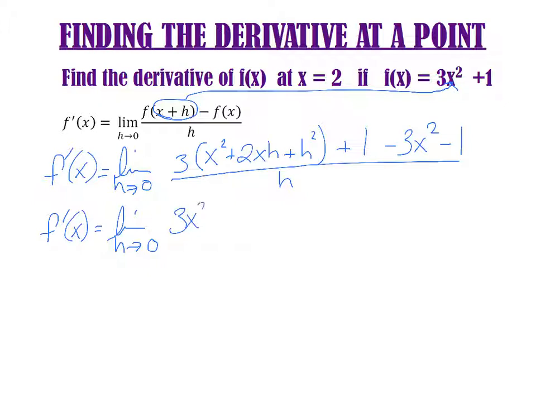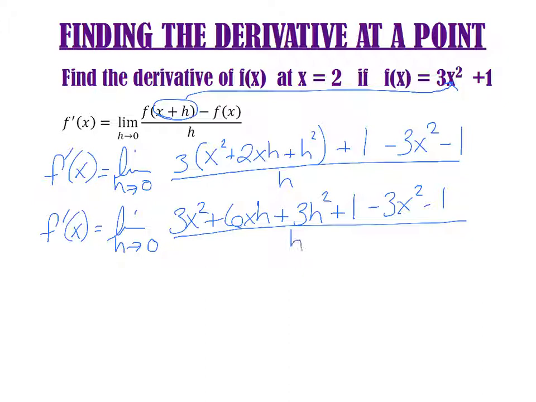Distribute your 3. And let's see, we've got a 3x squared and a negative 3x squared. We've got a plus 1, we've got a minus 1. And I think that's all that's going to cancel.